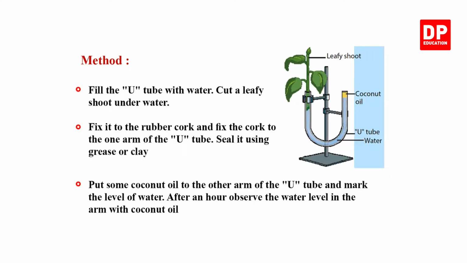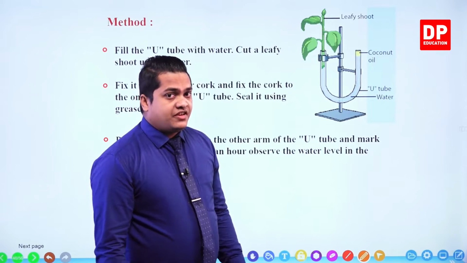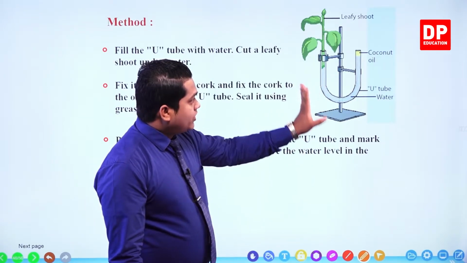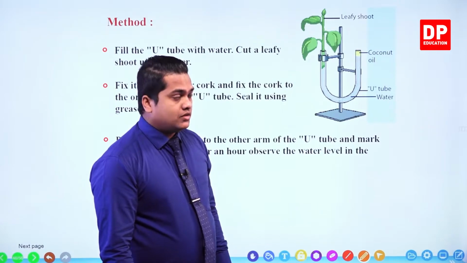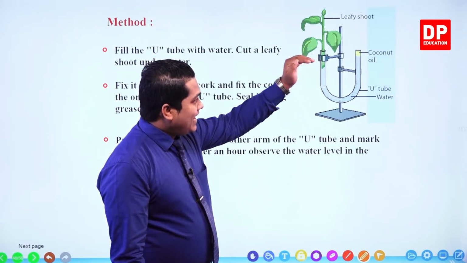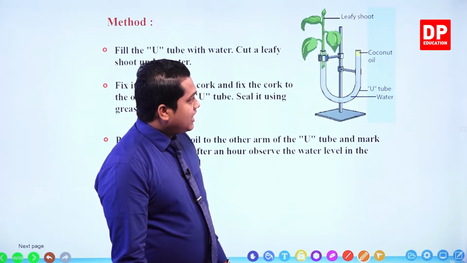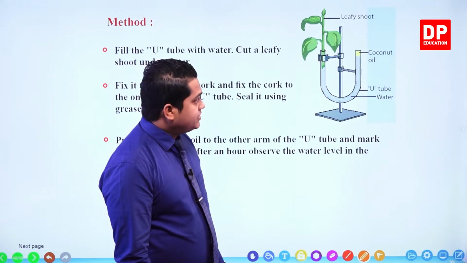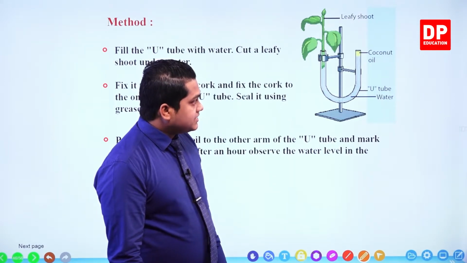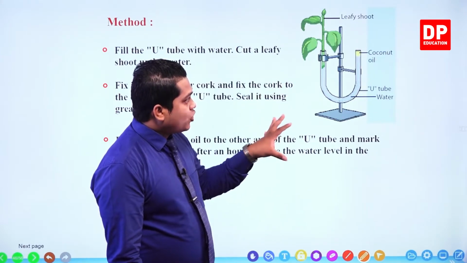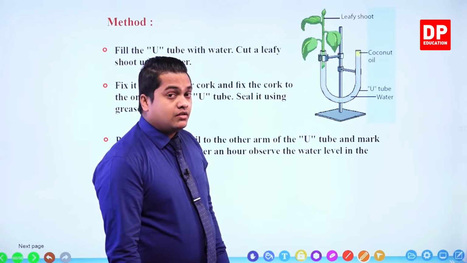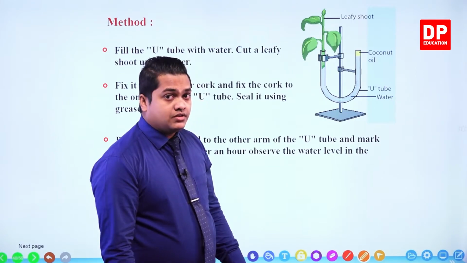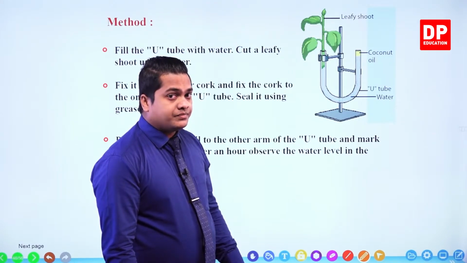So it's really simple. See, here you are given the figure. The U-tube is fixed to a stand. Then water is filled into the U-tube. At the right hand side of the U-tube, you can observe a coconut oil layer plus water, and it has been sealed to the environment by using the stopper.